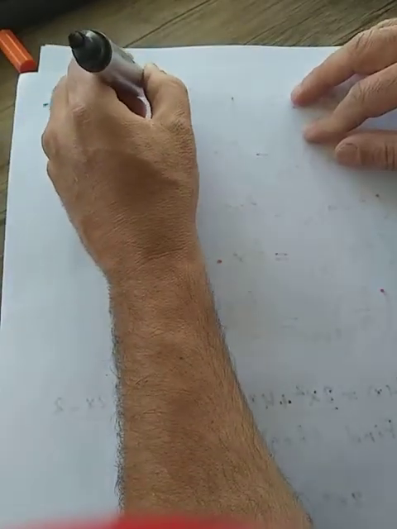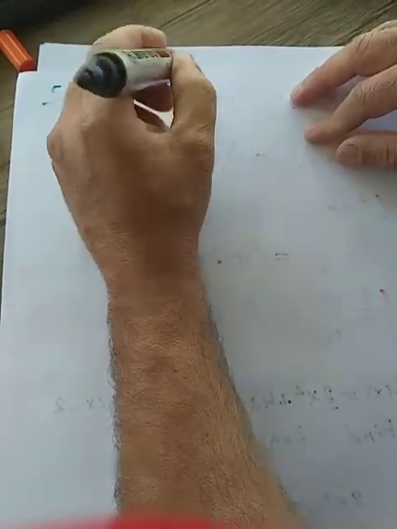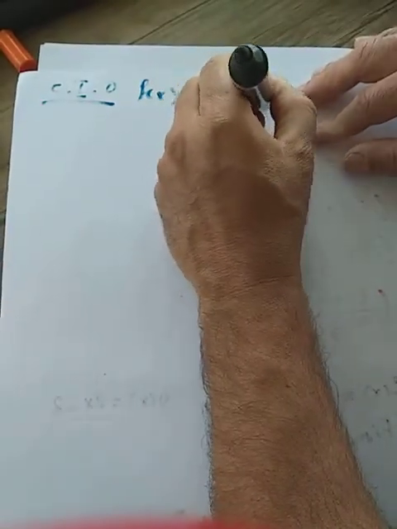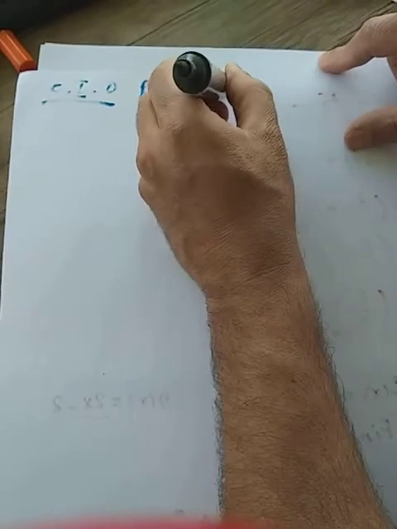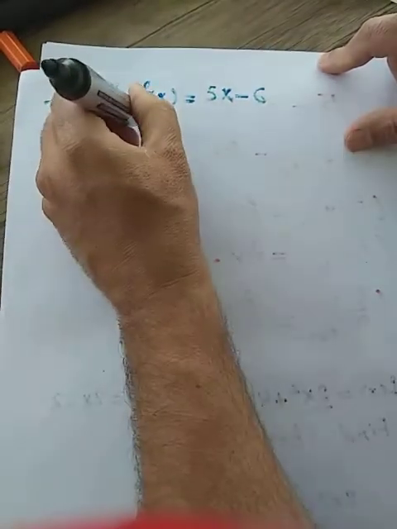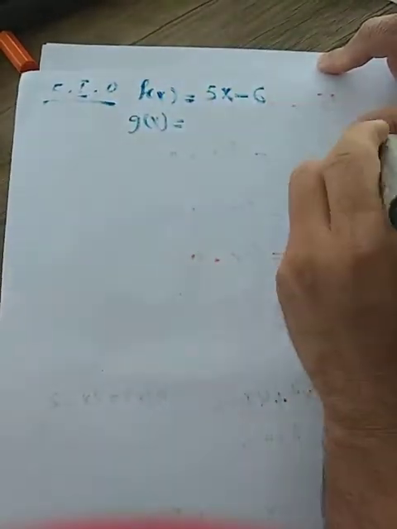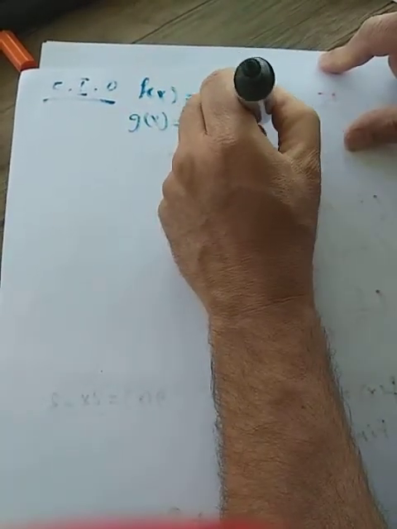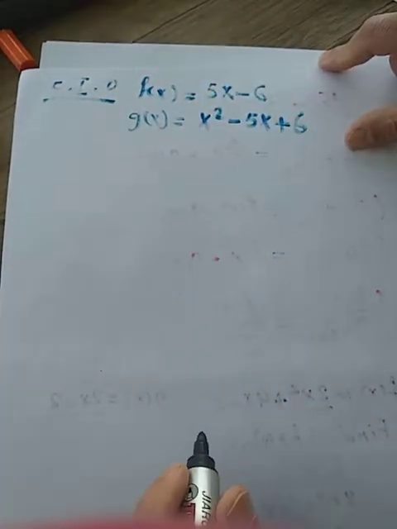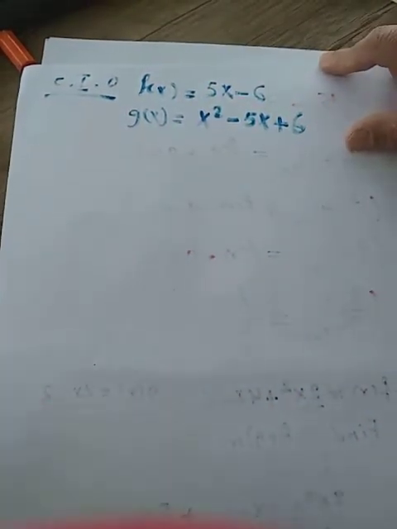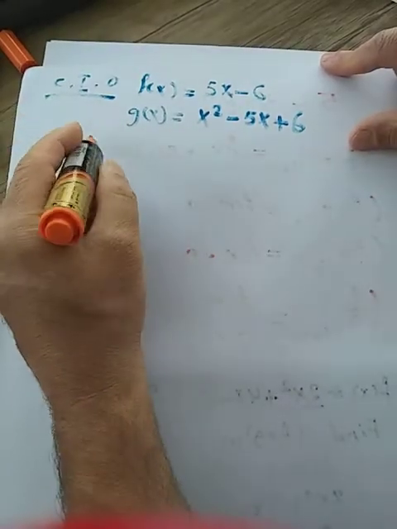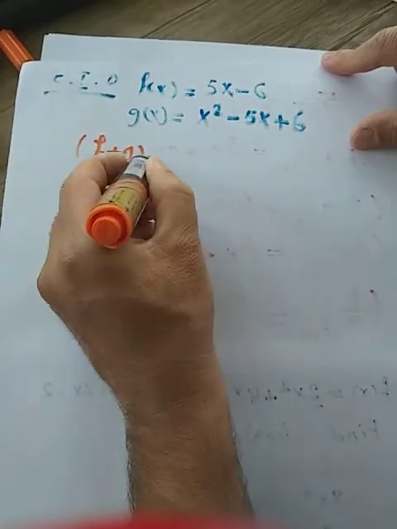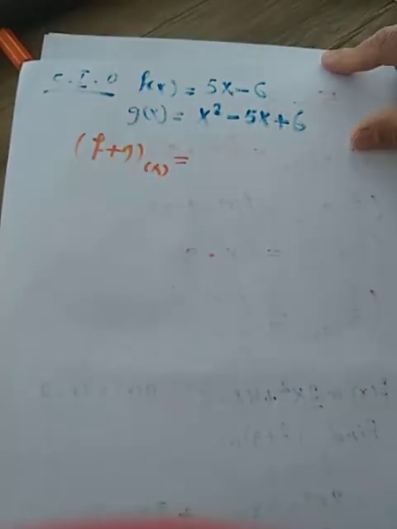Given f of x is equal to 5x minus 6, and g of x equal to x squared minus 5x plus 6. Okay, find this one, equal to what?